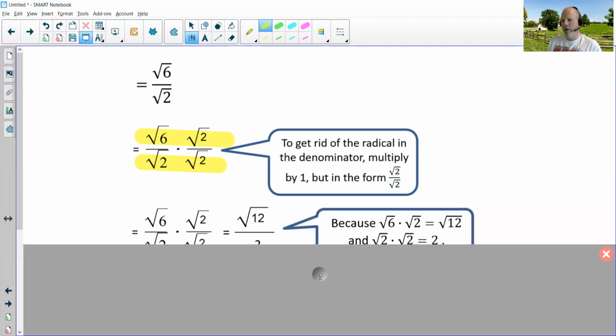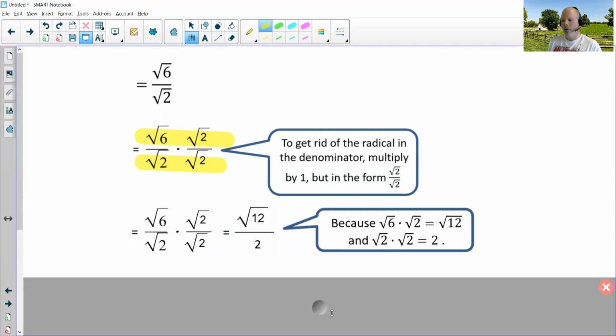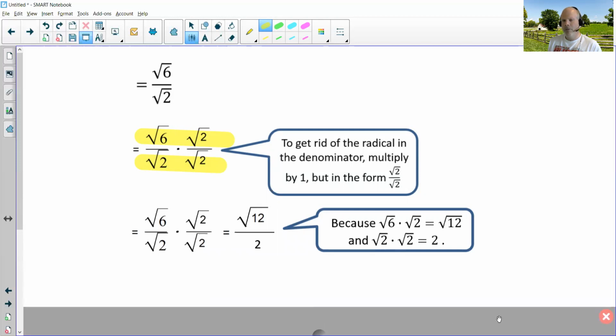So I end up with square root of 12 over 2. Now, as you can see, we've totally removed the radical from the denominator. So we have met that requirement for being simplified.